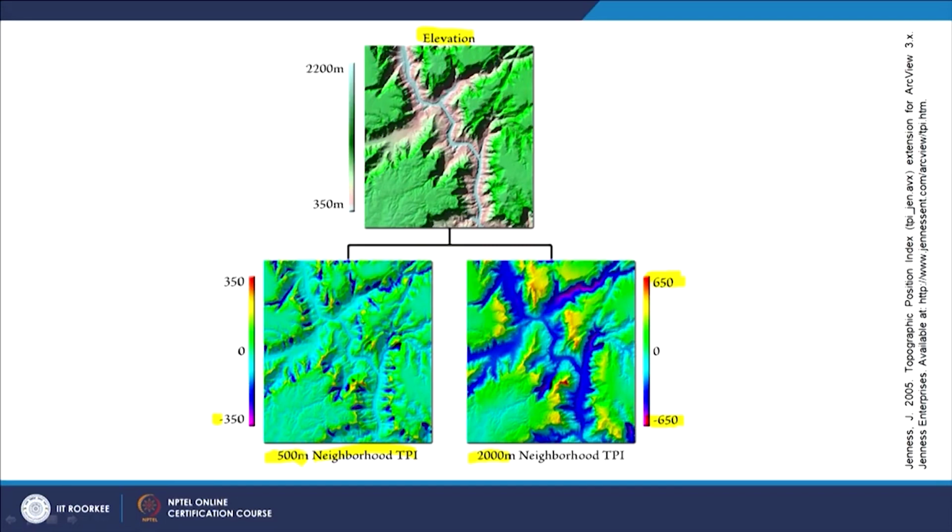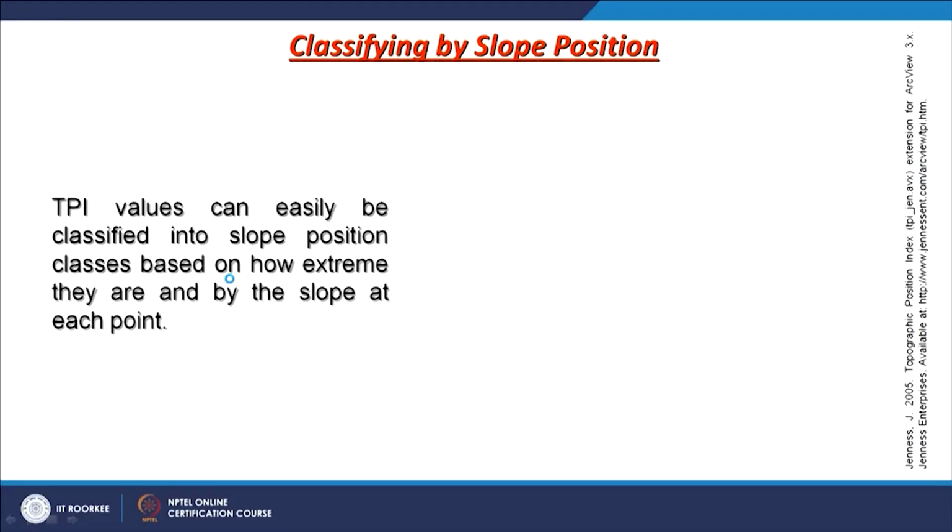Whereas if the resolution is very fine, or high resolution, like in this example where 500 is relatively high resolution, the TPI value will have a smaller range, minus 350 to plus 350. That is why it is said that TPI is completely scale dependent.